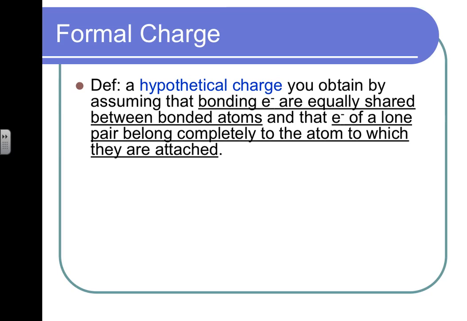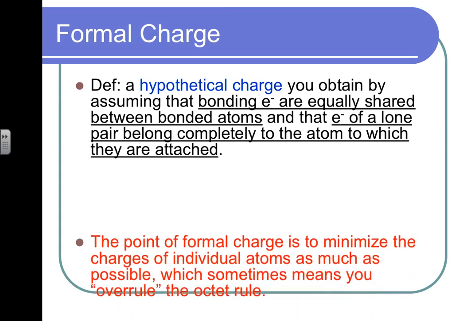It's a hypothetical charge you obtain by assuming that bonding electrons are equally shared between bonded atoms, and that electrons of a lone pair belong completely to the atom to which they are attached. If you need a second to let that sink in, pause the video, reread that definition, and make sure it makes sense. Okay, now moving on.